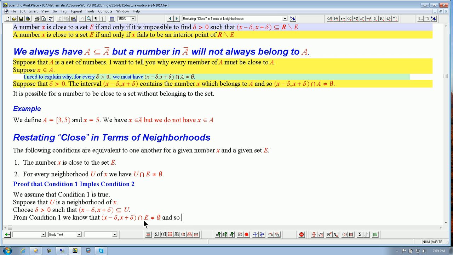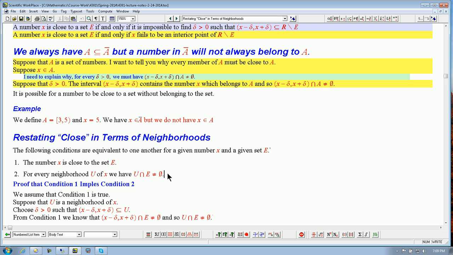And so U intersected with E is non-empty, because all you have to do is look at a number in there. It belongs to that stick. It certainly belongs to U and to E. Okay? This is the more difficult proof. We're now going to do the easy way.